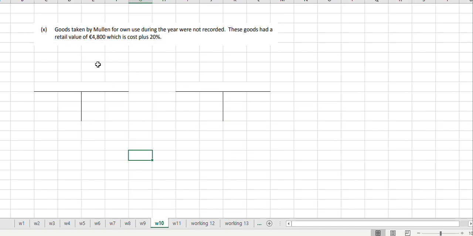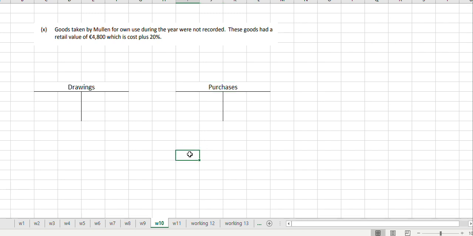Last note we're going to do. Goods taken by Mullen for his own use were not recorded. These goods had a retail value of 4,800, which is cost plus 20%. Taken for your own use, that is drawings. That is dealing with purchases.